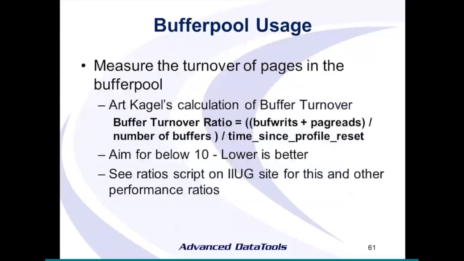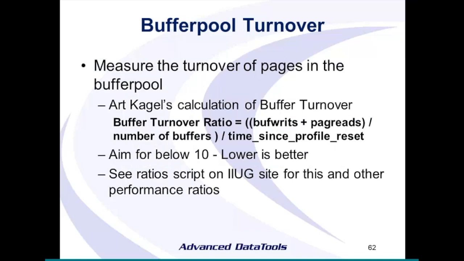You may be familiar with Art Kagel's calculation of the buffer turnover ratio. This is a good idea to check on your system, just to see how fast the contents of the buffer pools are being replaced each hour. So on a system where the buffer pool is maybe not sized well enough, or you've got some problem queries, you're going to see it turn over a lot.